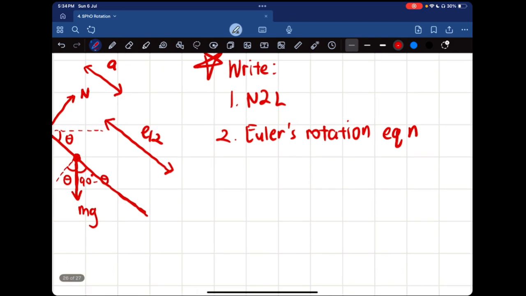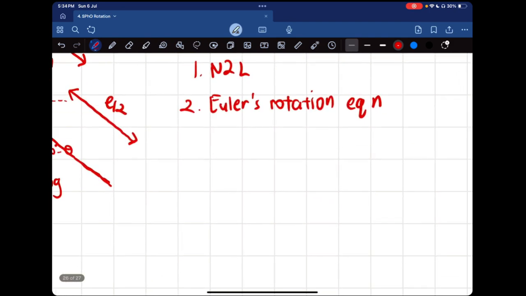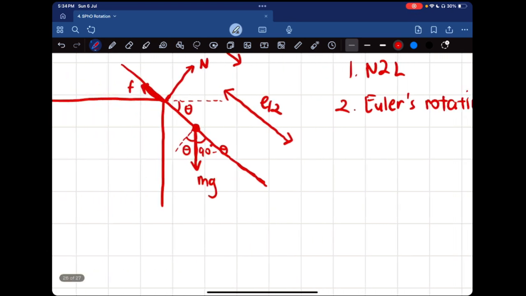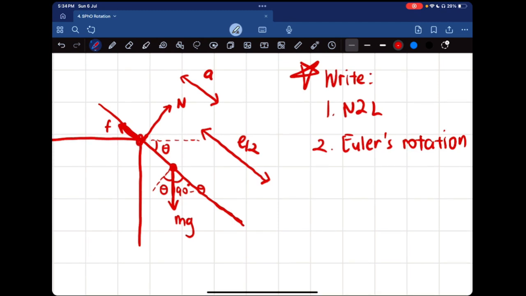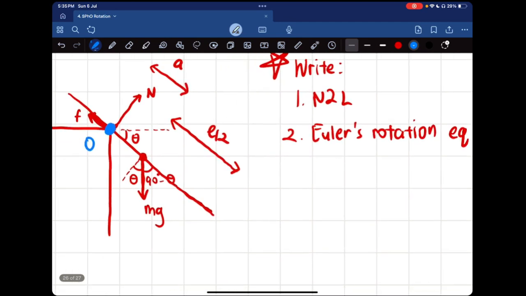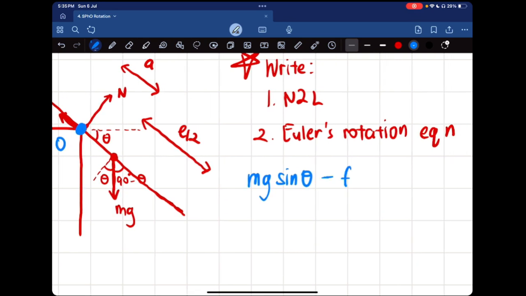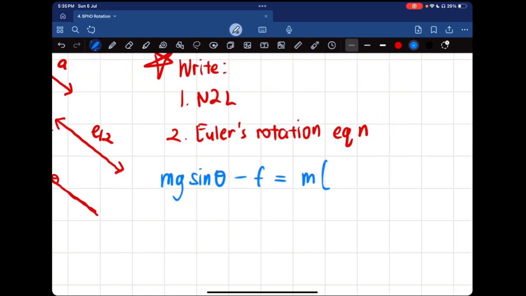So how we can do this is, along the radial direction, we just take this point as our origin. So along the radial position, we have mg sine theta minus f equals m a double dot.